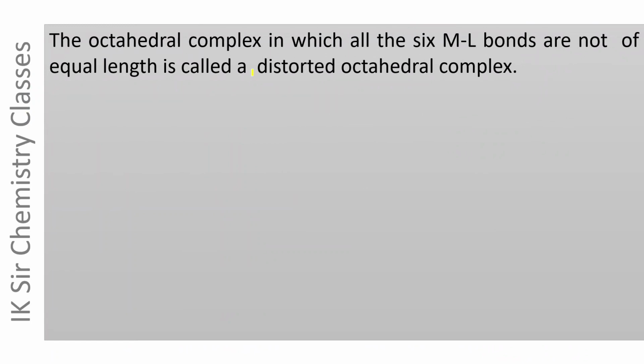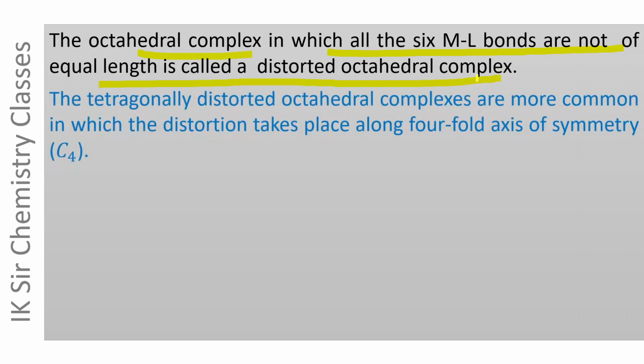On the other hand, the octahedral complex in which all the six metal ligand bonds are not of equal length is called a distorted octahedral complex. The tetragonally distorted octahedral complexes are more common, in which distortion takes place along the fourfold axis of symmetry.